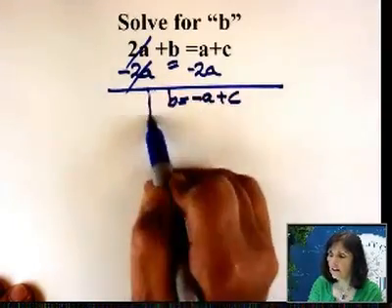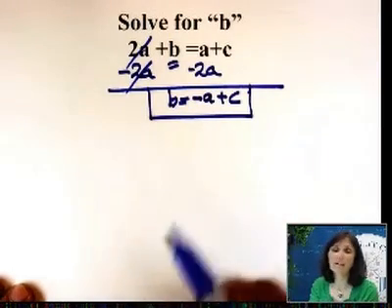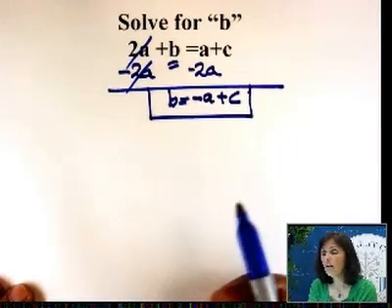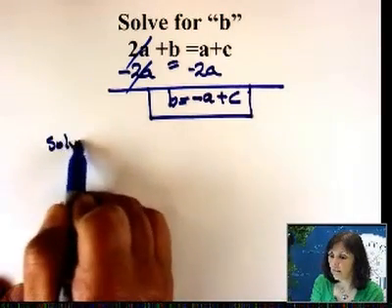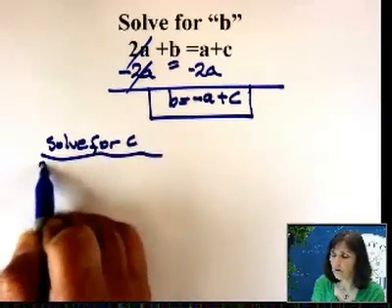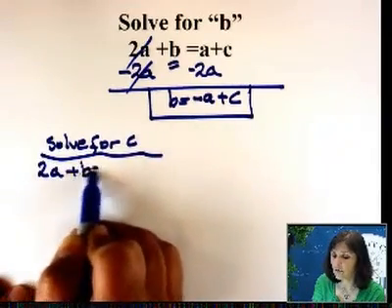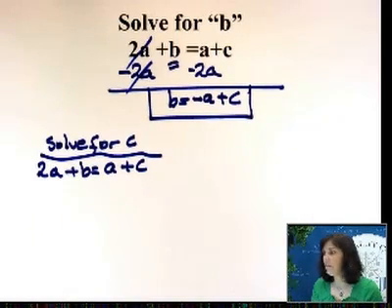Guess what? So if you look at these two problems, in the first one I solved for A, and now in this one I solved for B. Okay, you can even solve for C. Let's add that one in there. Solve for C. If you solve for C, what would you have done? 2A plus B equals A plus C. You're solving for C. That means you want C by itself.